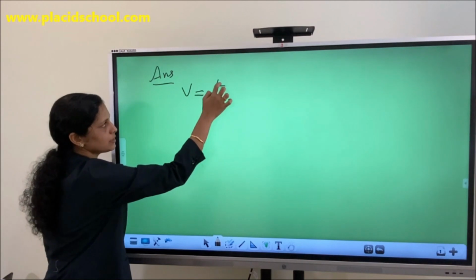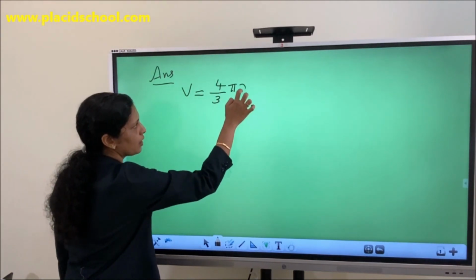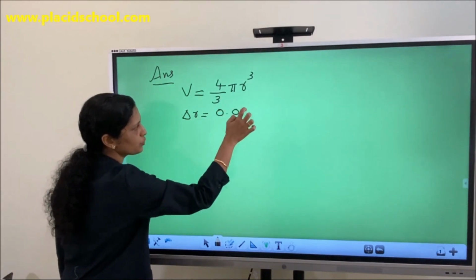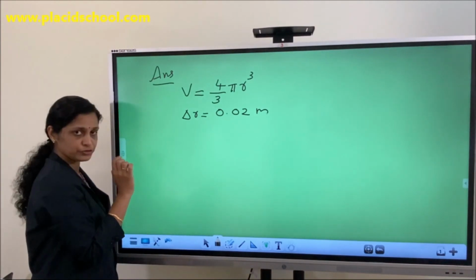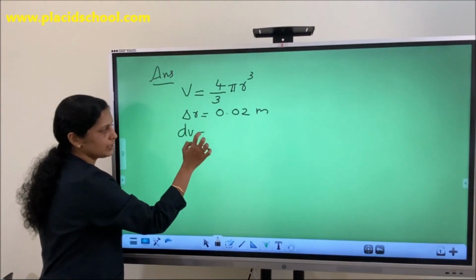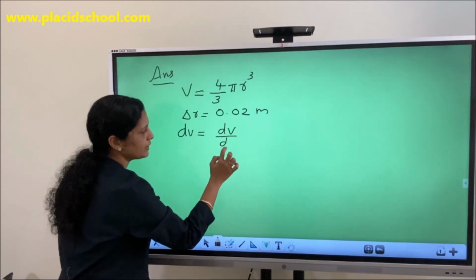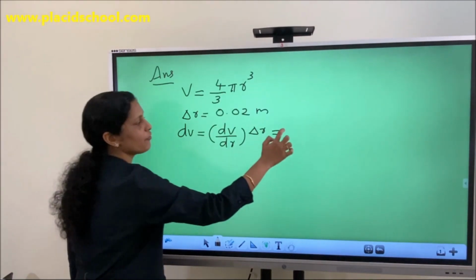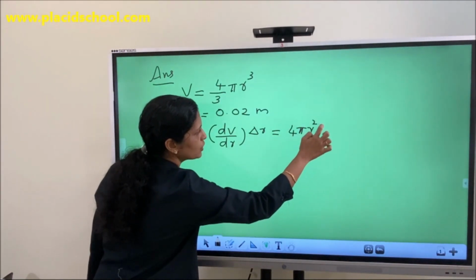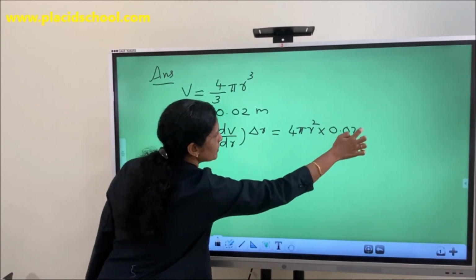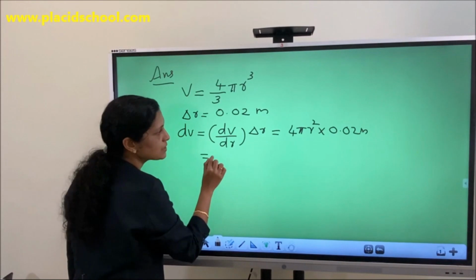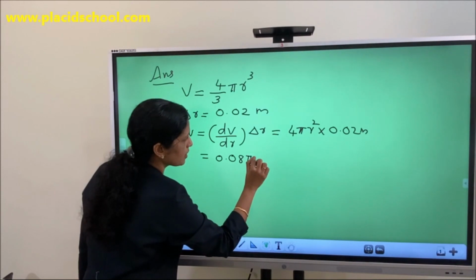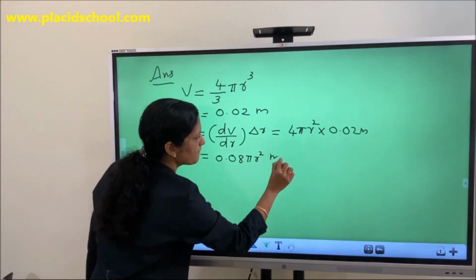Therefore, we have delta R, we need to find delta V. Volume of the sphere is 4 by 3 pi r cube. Delta R is 0.02 meter. We can find only dV using the formula dV by dr into delta R. This is 4 pi r square into 0.02 meter, and we are getting it as 0.08 pi r square meter cube.